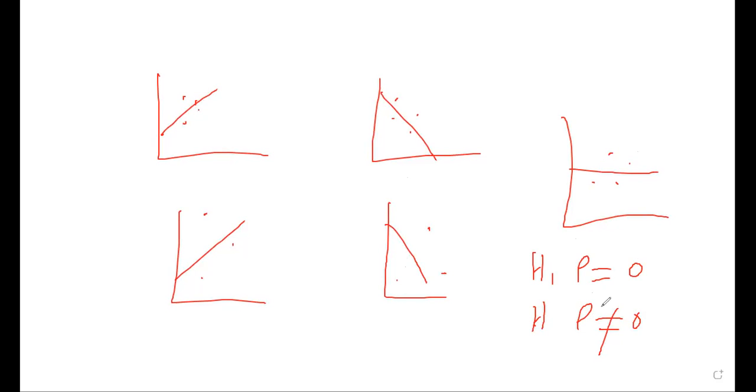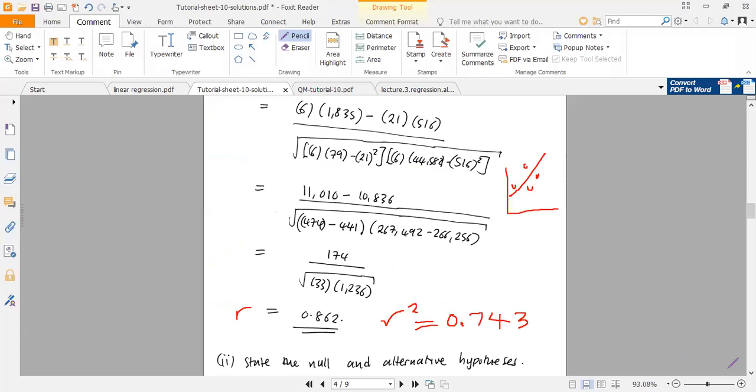So if the regression equation is significant, you are going to accept our H1. So what we are trying to do now is to test the significance of the regression equation.